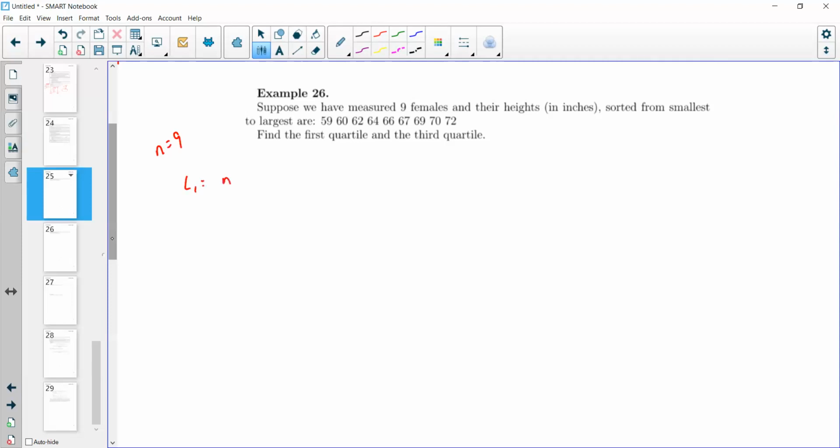We take 0.25 times n, which is 0.25 times 9, which is 2.25. So we bump it up and we want the third data point. So Q1, 1, 2, 3, is 62. Okay.